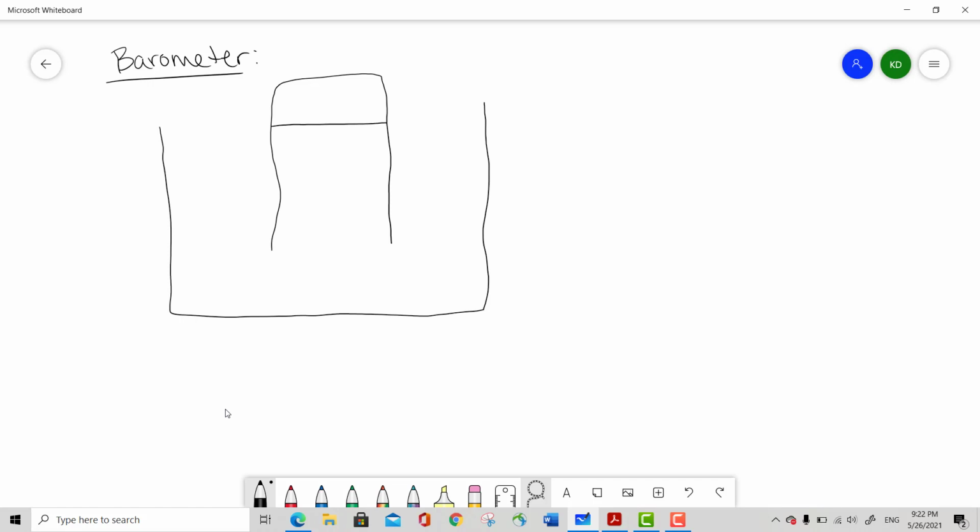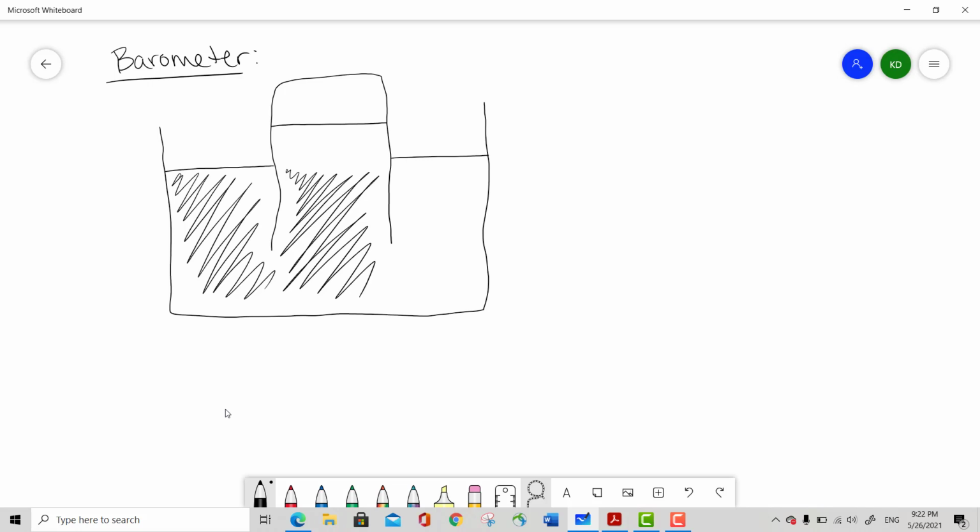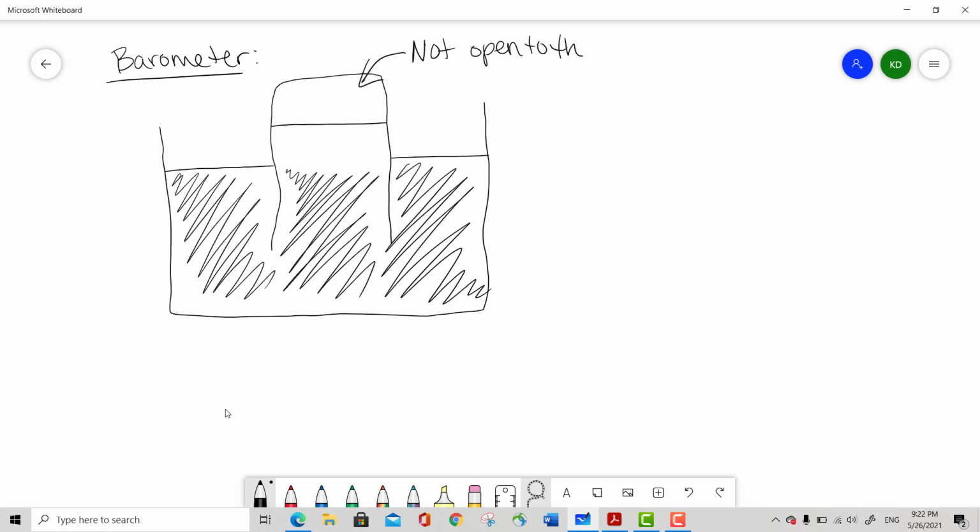I promise they're not manufacturing this with that wave in the middle. Right here. We've got liquid, liquid, liquid. And this is not open to the atmosphere.